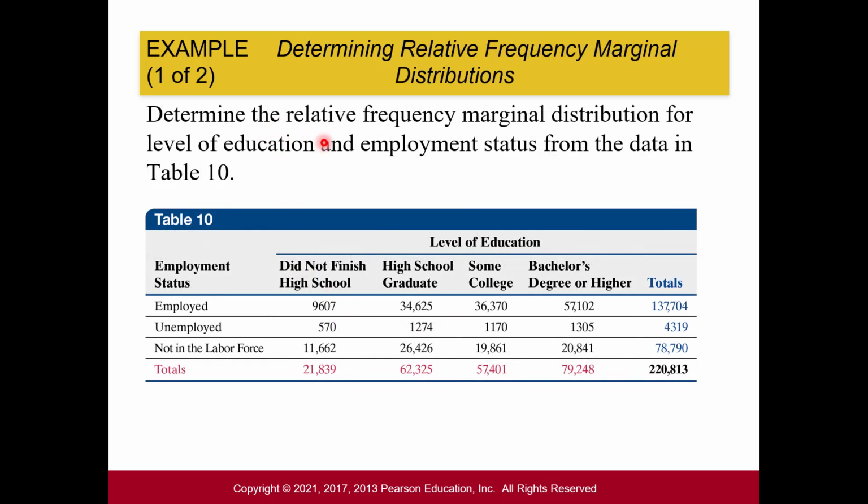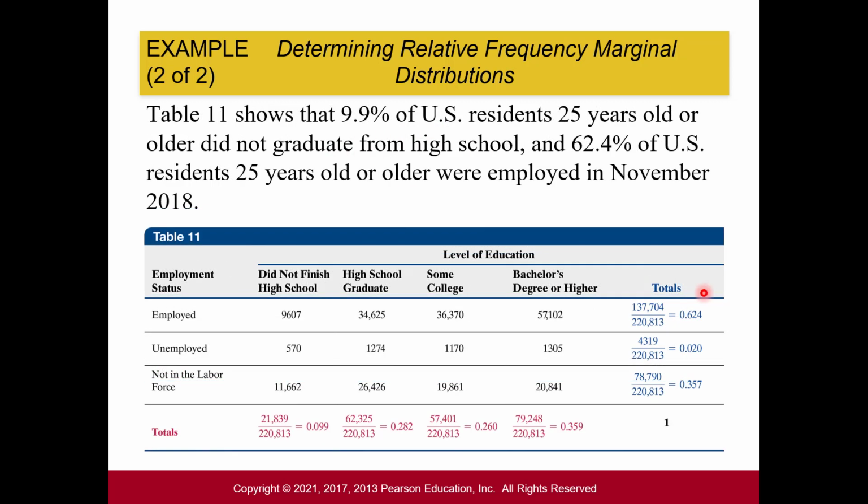We want to determine the relative frequency marginal distribution for both level of education and employment status. We already have our totals in our rows and columns, and we're trying to find the relative frequency. As we've talked about relative frequency in the past, we take the value we're working with, in this case the total for row 1, employed, over the total number.